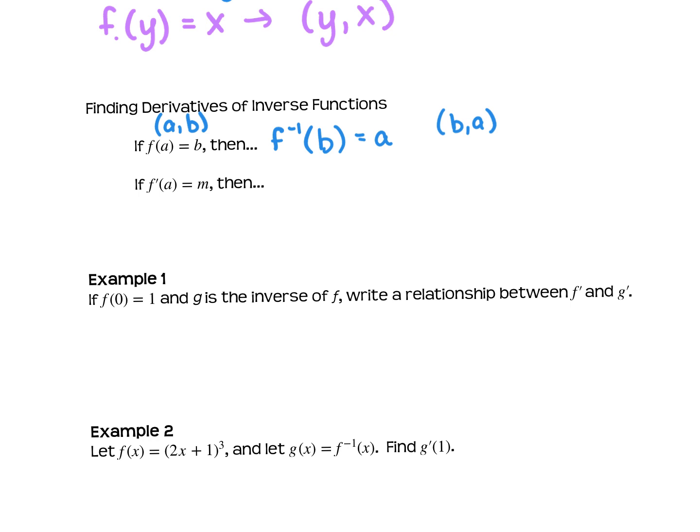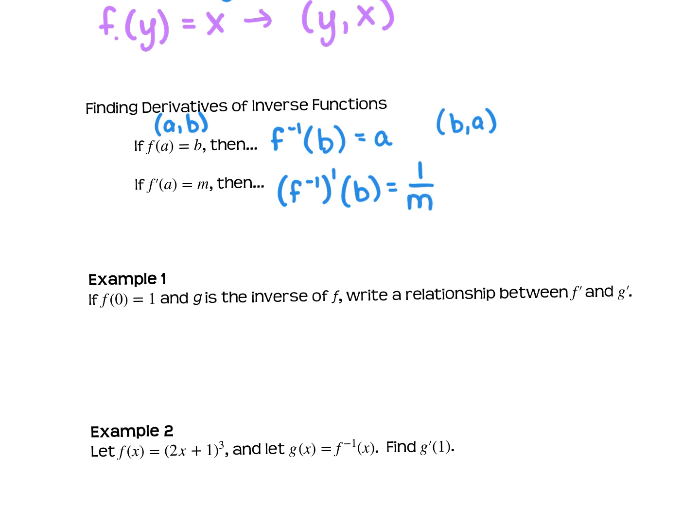So if the derivative at a is m, then what we would know is that the derivative at b in the inverse function, and this is hard to write, is going to look something like this. It's going to look like f negative 1 derivative at b would be the reciprocal of that, which is 1/m.